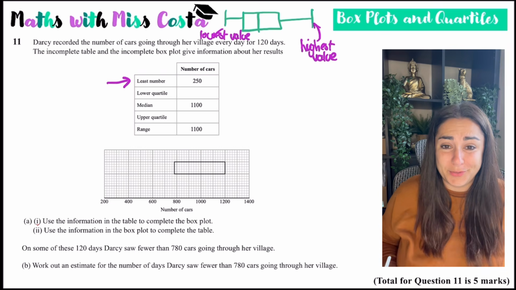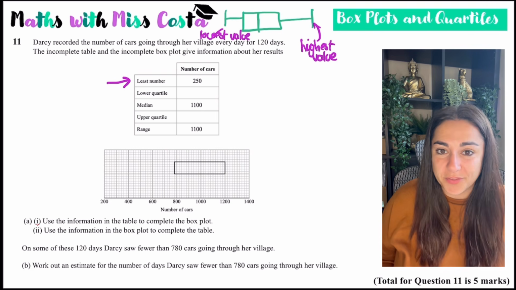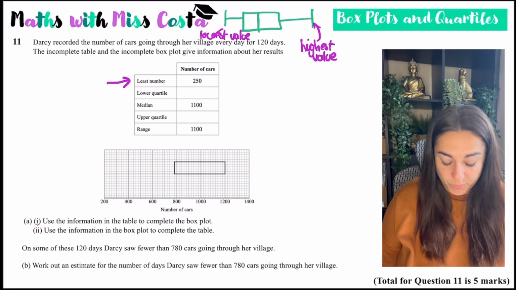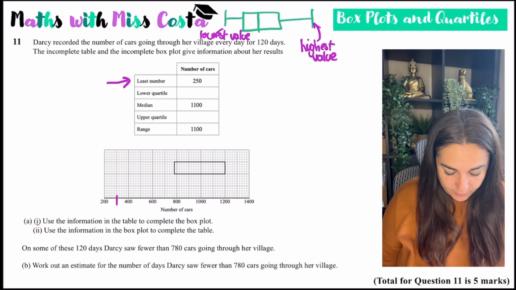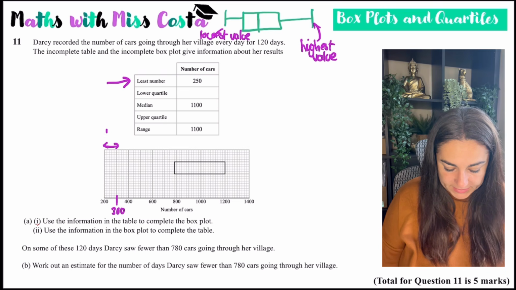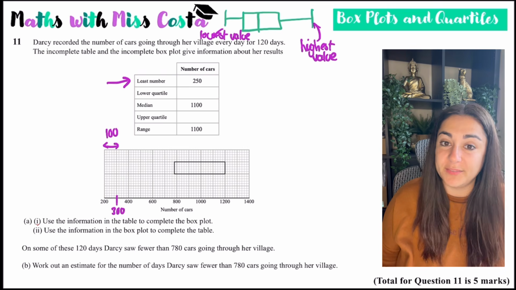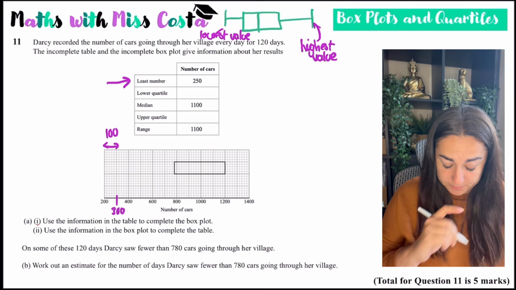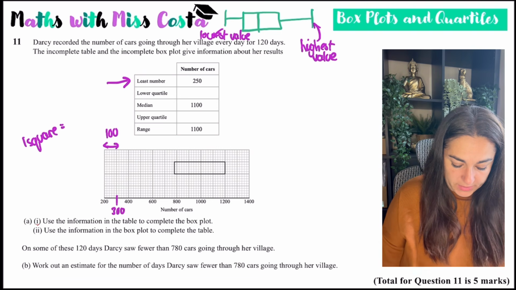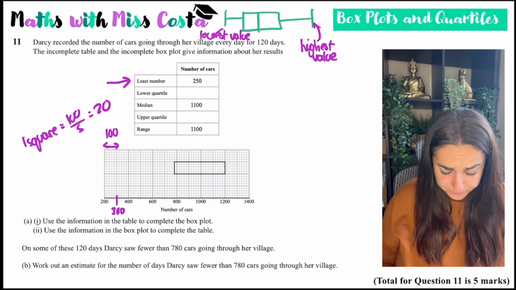And another thing that is really important is to work out the scale that the box plot is using. So I want to plot 250 on my box plot. Now halfway between 200 and 400 is 300. So I know that each 5 squares represents 100. So if 5 squares represent 100, one tiny little square is going to be 100 divided by 5, which is 20.